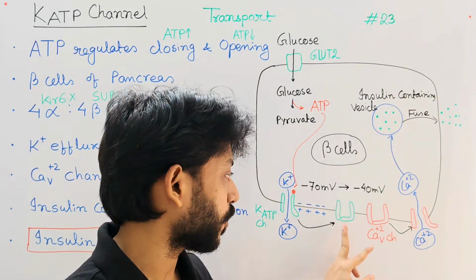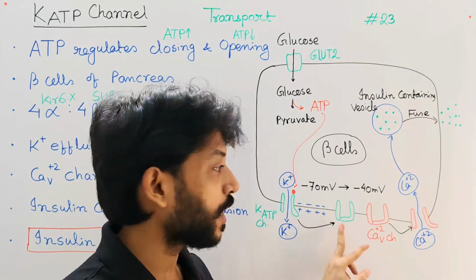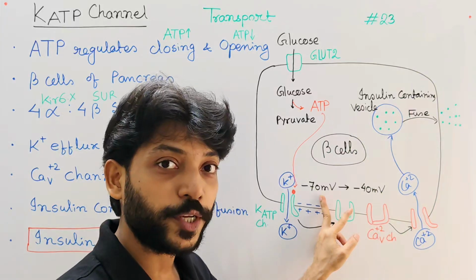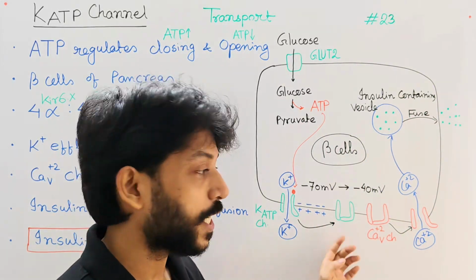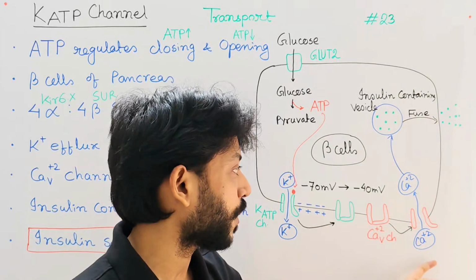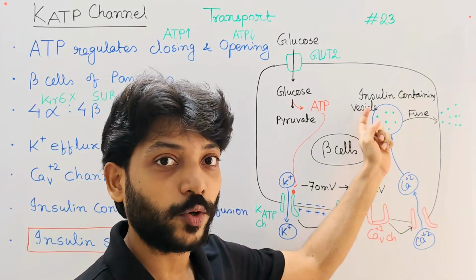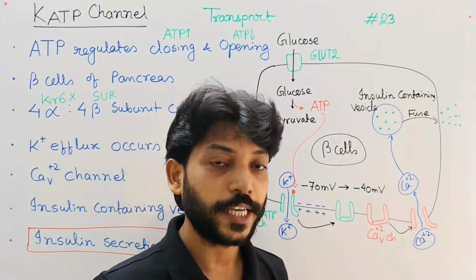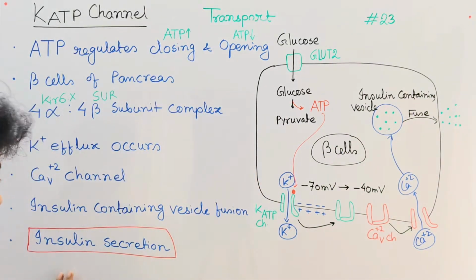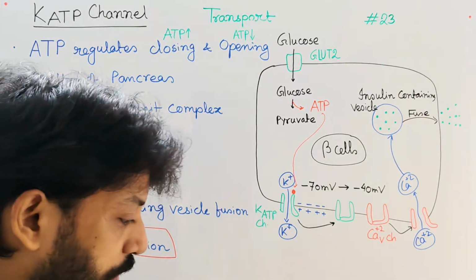And as I have mentioned, when the channel closes, the membrane potential increases. This is called depolarization. So the cells become depolarized, the voltage-gated calcium channels open, calcium influx occurs, and that causes the fusion of the insulin-containing vesicles and causes insulin secretion. So this is all about the ATP-sensitive potassium channel.